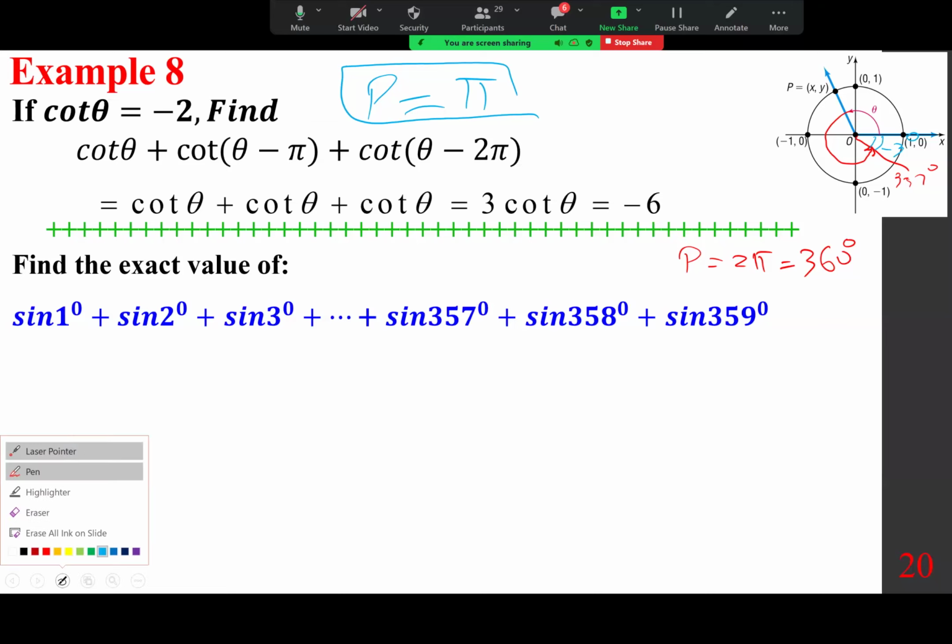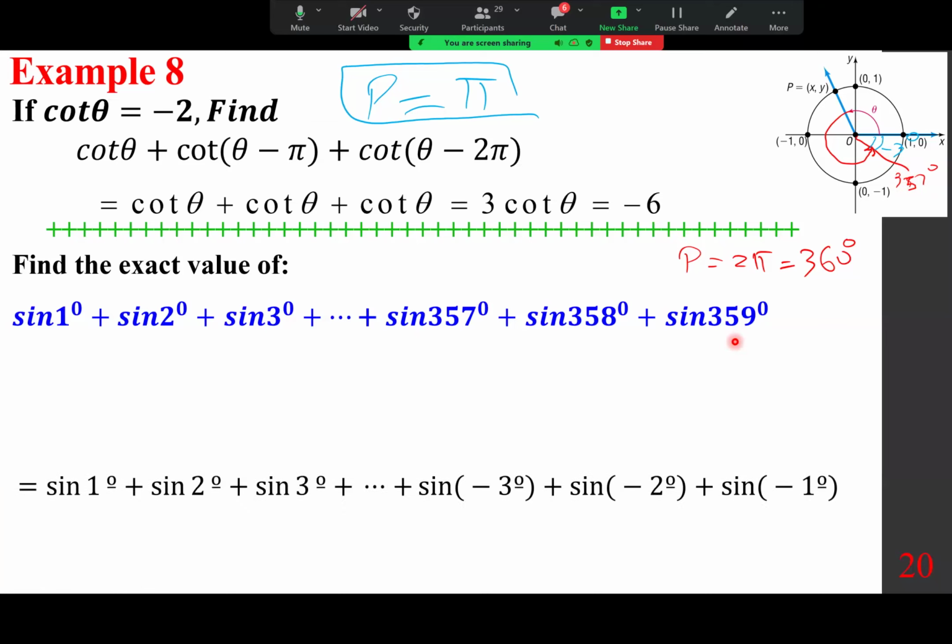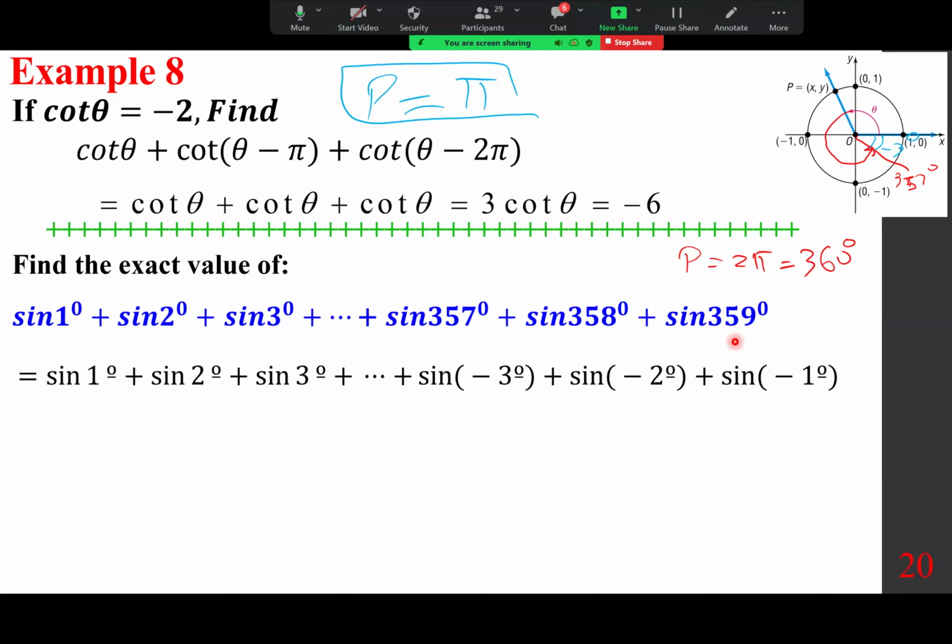And that means the sine of 357 degrees and the sine of minus 3 degrees end up at the same point. They must have the same value. So I can replace this with sine of negative 3 degrees. I can replace this with sine of negative 2 degrees. I can replace this with sine of negative 1 degrees.